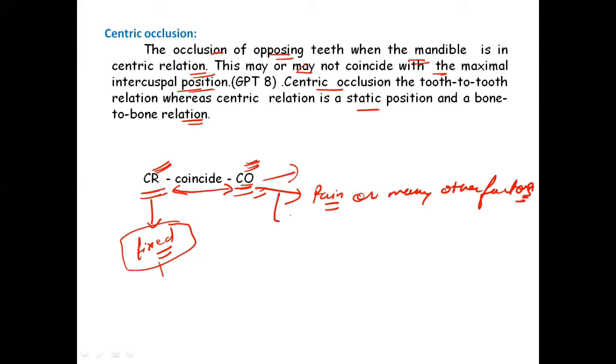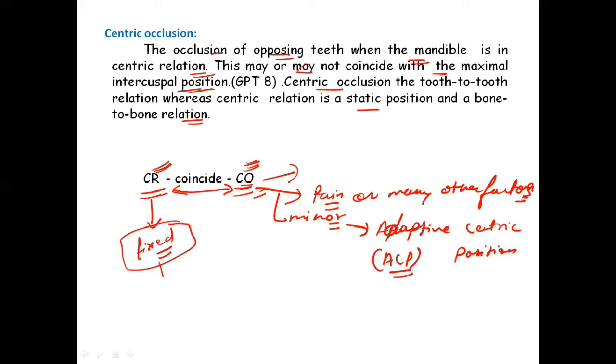But if there is a minor difference, then the condyles settle down to the position accordingly, which is called the adaptive centric position, or ACP. Remember this also. Sometimes you will get this question directly.